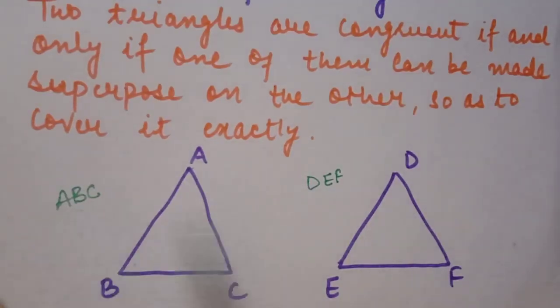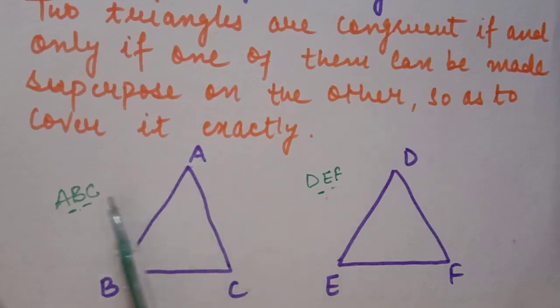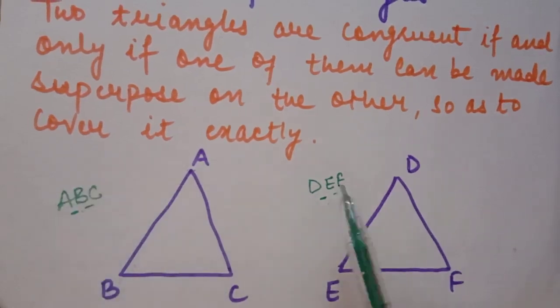We have triangle ABC and triangle DEF. The first side of the first triangle is AB and the first side of the second triangle is DE. So AB should be equal to DE for the congruency. The second side is BC and here we have EF, so BC is equal to EF. The third side is AC and here we have DF, so AC should be equal to DF.